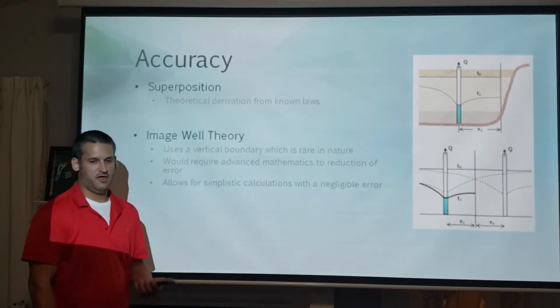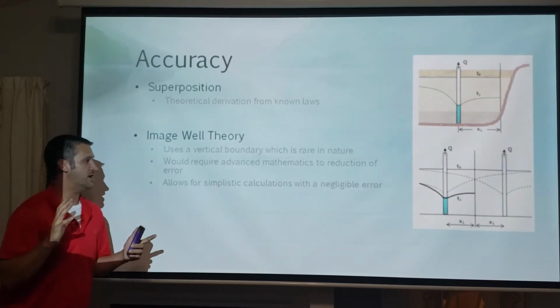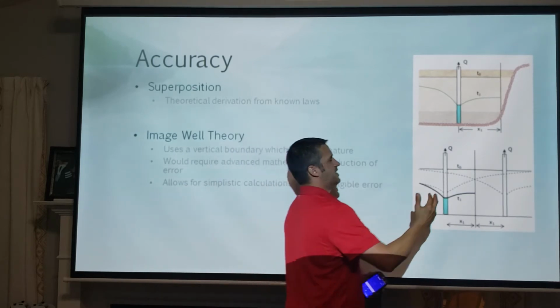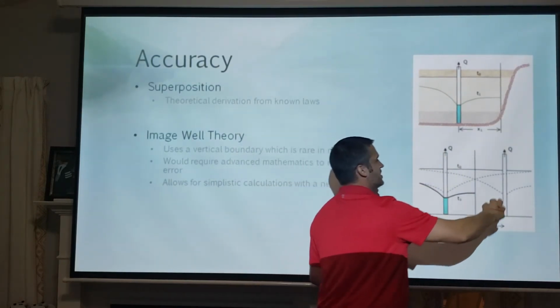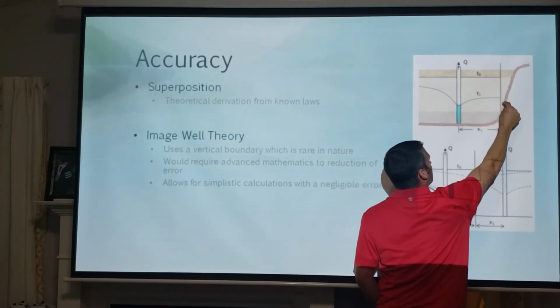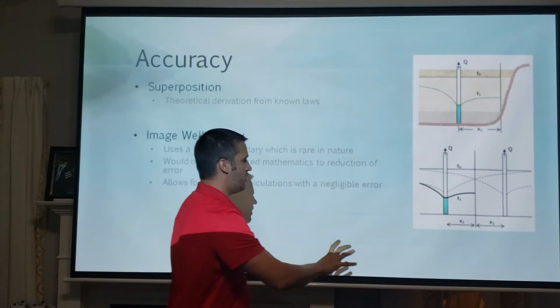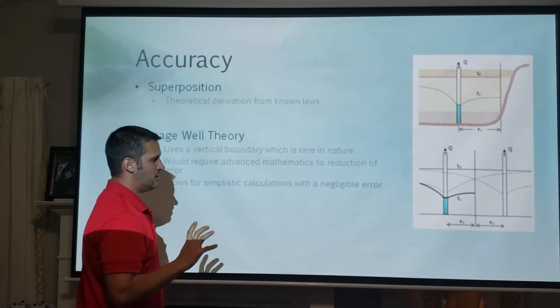The one possible flaw that I have found in image well theory is based on the fact that when you're drawing your dividing lines, your boundaries, there's a little bitty area kind of right in here that would contain water that it seems does not get added into the equation.